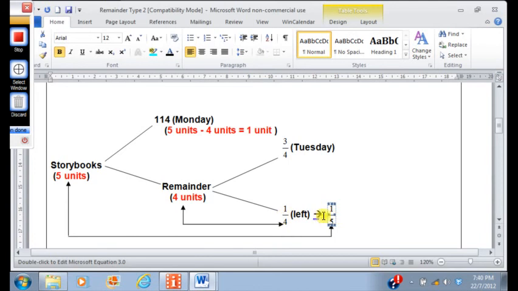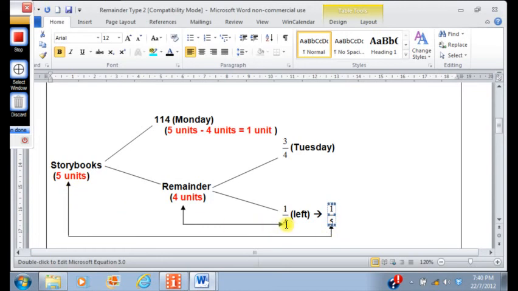What do we know about equal fractions? The top number must be the same. Now the top number here is 1. The top number here is also 1. Since both of them are the same, the bottom number of this is 1/5 of the total. So this 5 is actually the total number of storybooks he had at first.